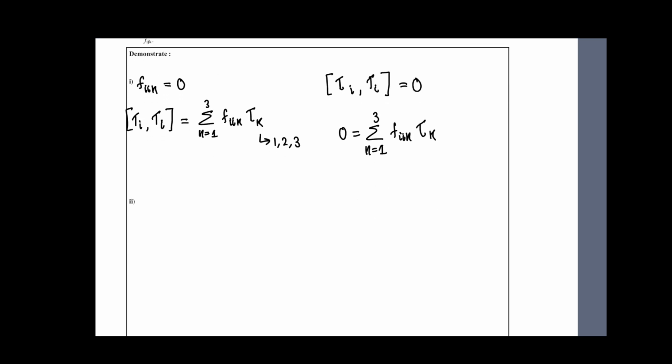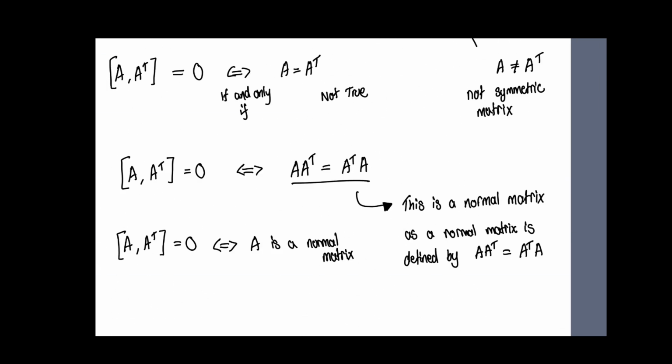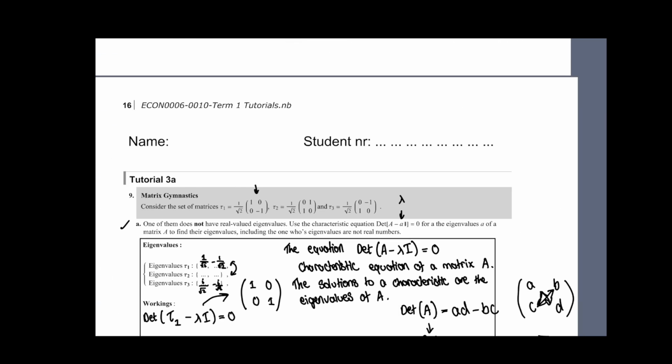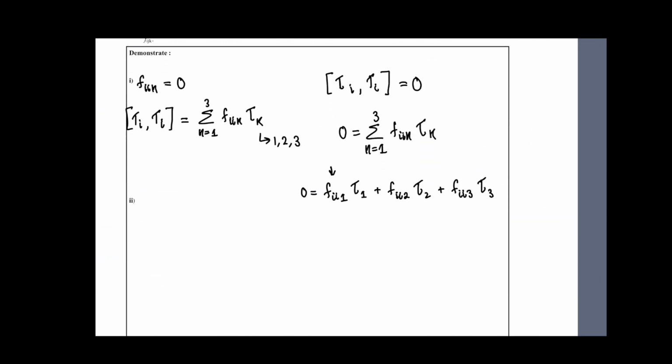If I now separate this out and write it individually, we get 0 is equal to f_ii1 tau 1, plus f_ii2 tau 2, plus f_ii3 tau 3. Now, tau 1, tau 2, and tau 3 are the same as the matrices that we saw in the first part of this question over here. And these matrices times by some constant is going to get us 0.